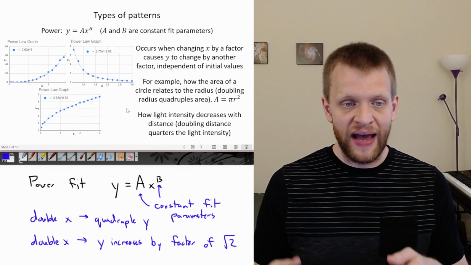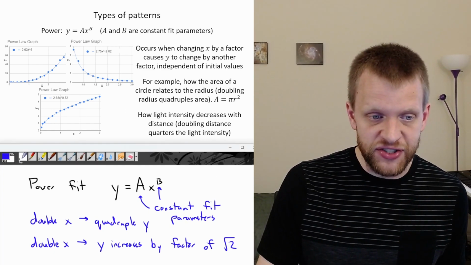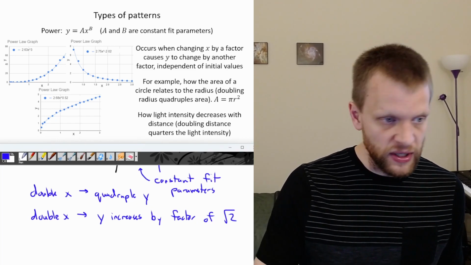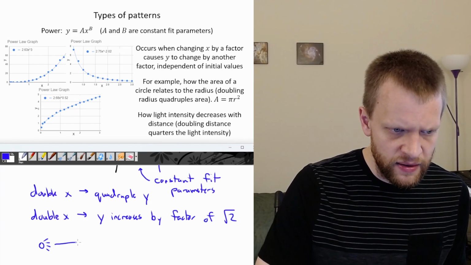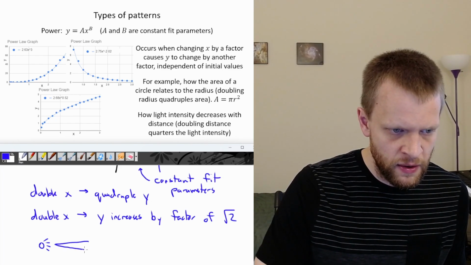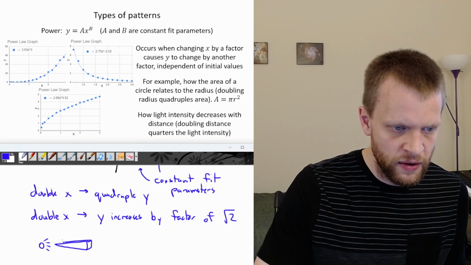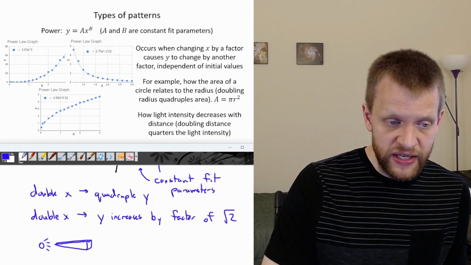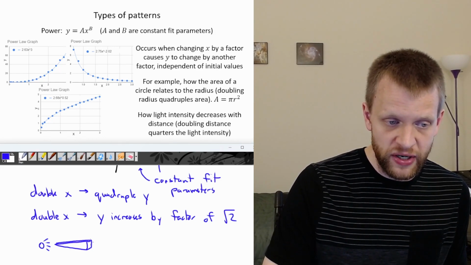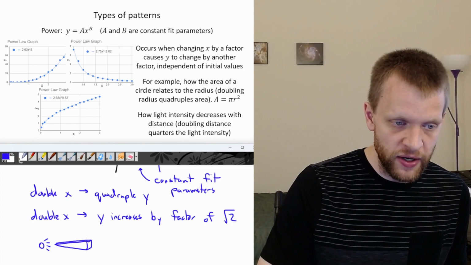Another example is how light intensity decreases with distance. So let's say I have a light source and it's giving off some light going in a certain direction. So let's see if I can draw this decently. That light at this point is fairly concentrated. It's all concentrated into, let's call this 1 unit of area.